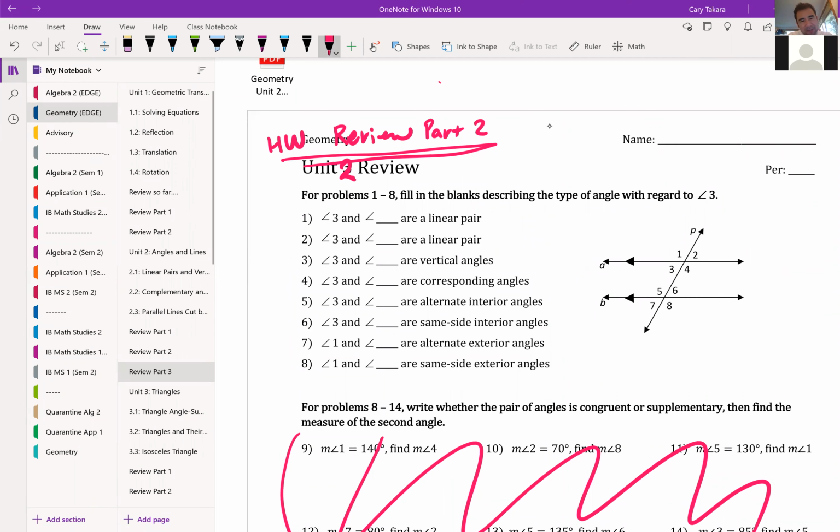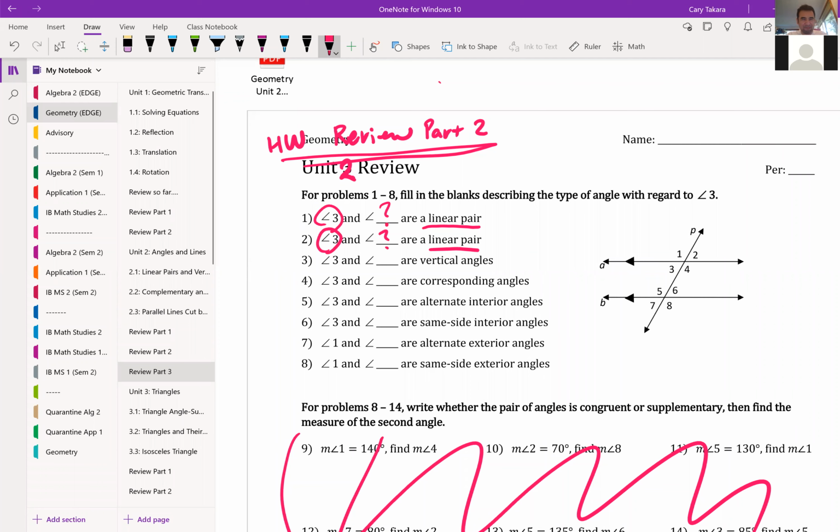Angle, so it's kind of like you're naming the angles, okay? Angle 3 and angle something are linear pair. And actually, there are 2 linear pair. Angle 3 and what are going to be called a linear pair?